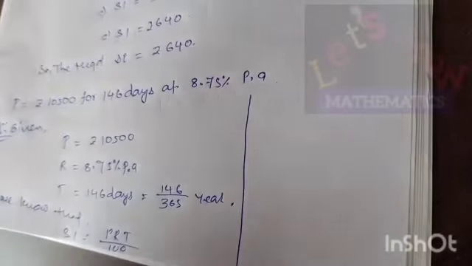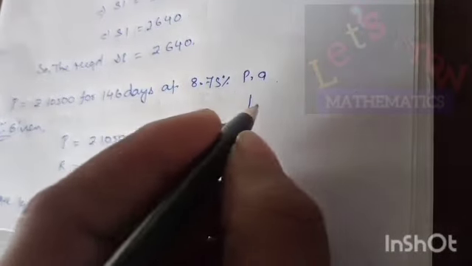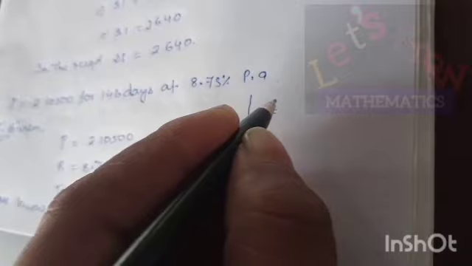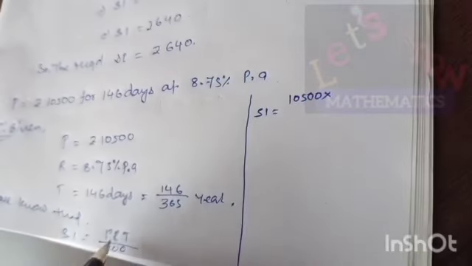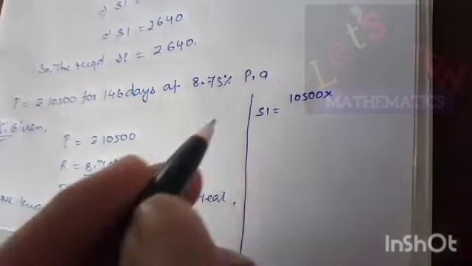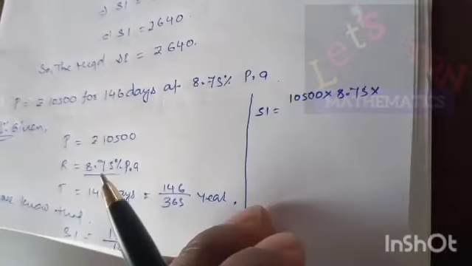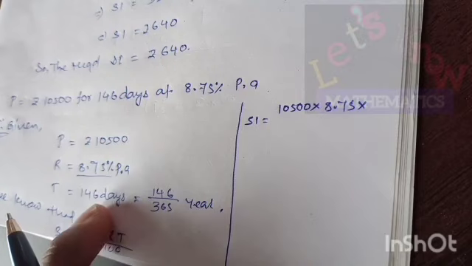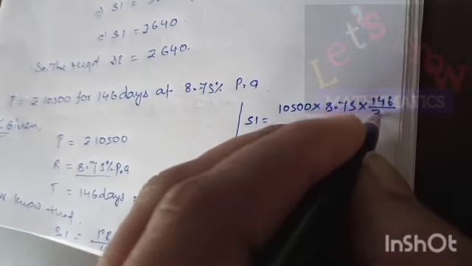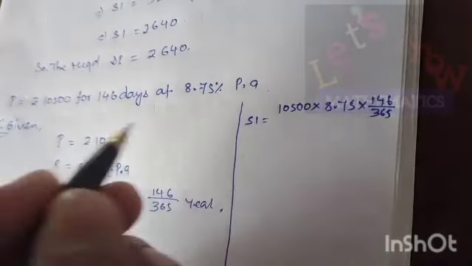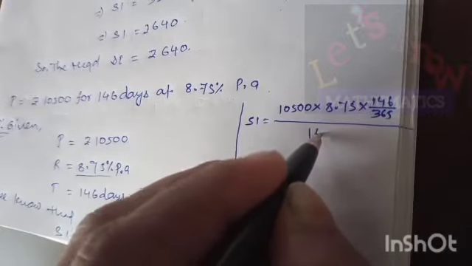So according to the question, SI is equal to rupees P, P means how much is given? 10,500 into R, the rate of interest is given 8.75, into the time, 146 days. This means 146 by 365 years, divided by 100.